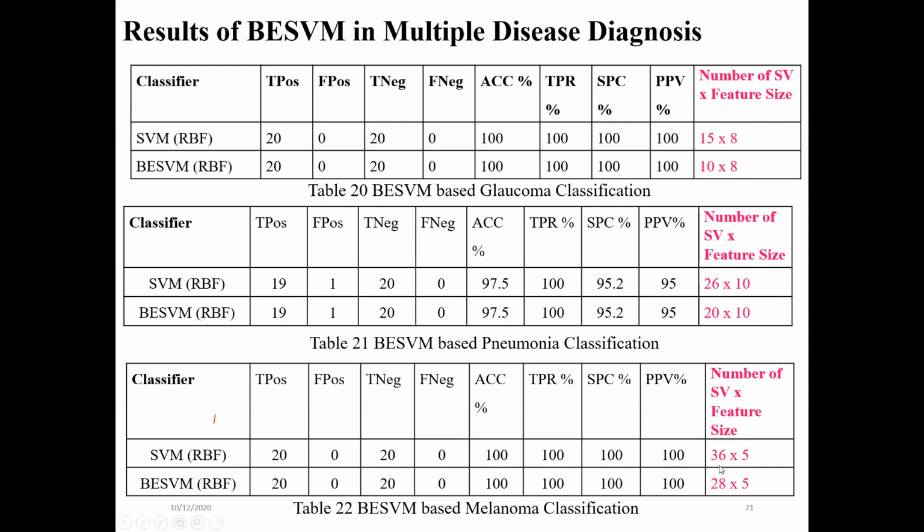Similarly, here the number of support vectors is 36 by 5, whereas this got reduced to 28 by 5. So observe that we are fixing the feature size. We are not varying the feature size. That's the reason why here 8 and 8, here 10, 10, 5 and 5. What we are trying to reduce is only the number of support vectors, and feature size remains constant, as you know.